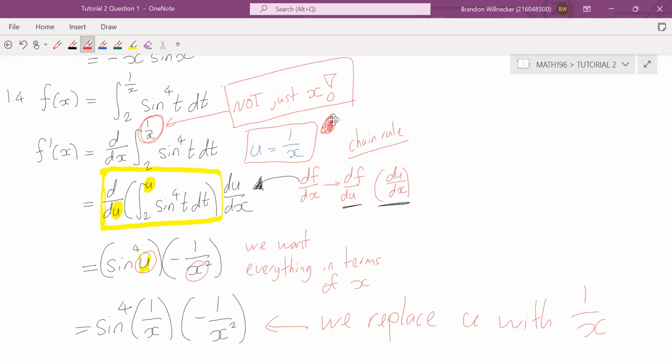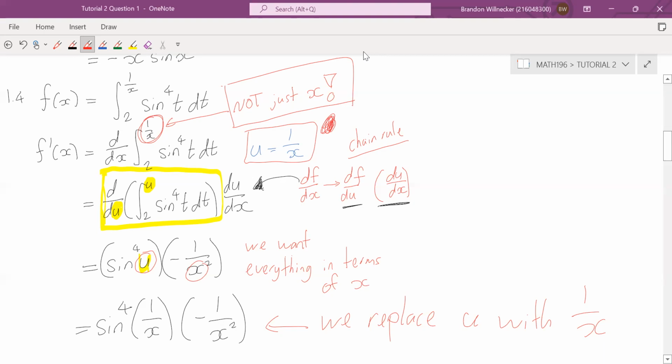Does that help? Got it. Okay, cool. So this first part will give you a function in terms of u, but we just want everything in terms of x. So we have to replace u with whatever we made. Here we have u equals 1 over x, so we just do that replacement.